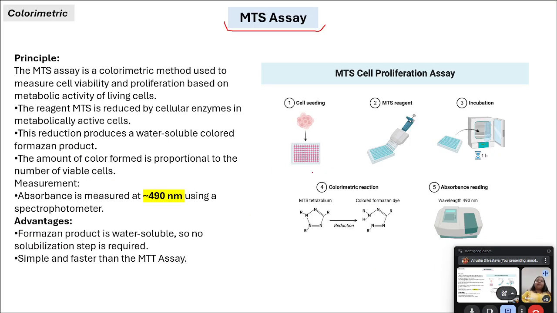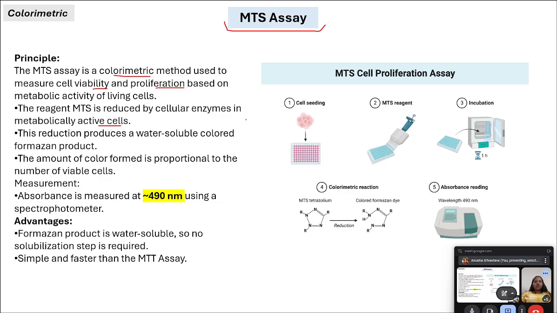Now, MTS is a colorimetric method used to measure cell viability and proliferation based on the metabolic activity of living cells. The reagent MTS is reduced by cellular enzymes in metabolically active cells, similar to what we have seen in the MTT assay.